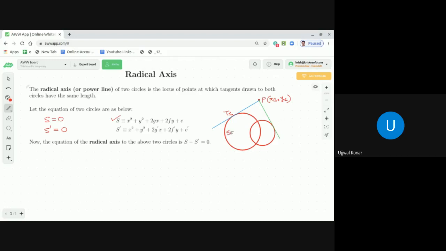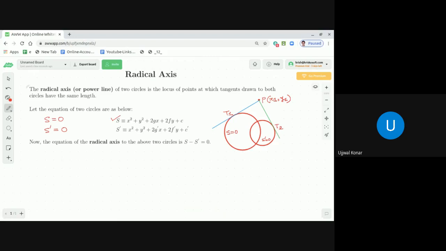Suppose this is S equal to 0 and this is S dash equal to 0, and suppose this is the point T2. Then PT1 should be equal to PT2. That is the definition of this point.